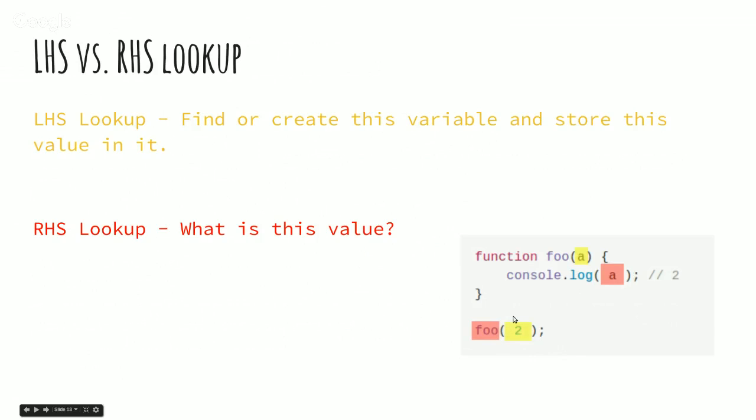We're passing foo to this function, and it is getting a left-hand lookup when it goes into here, where the compiler is going to say, "Hey, do you have an A inside this function?" or to the scope, and the scope will say, "No, but I'll make one," and then it assigns 2 to A. So that's a left-hand side lookup. And then we saw the console log A. That's a right-hand side lookup. But also this foo right here is a right-hand side. Right.